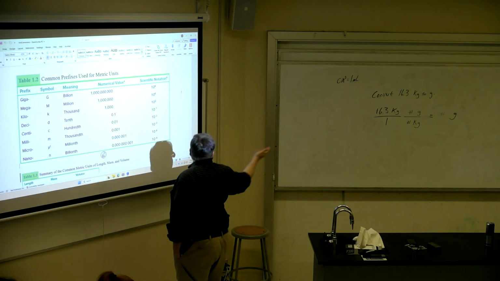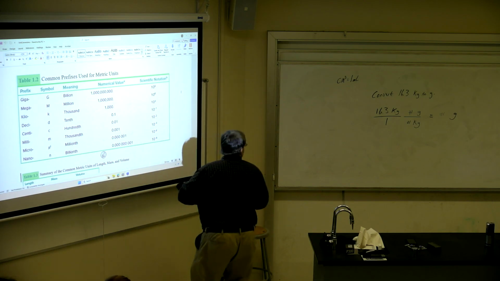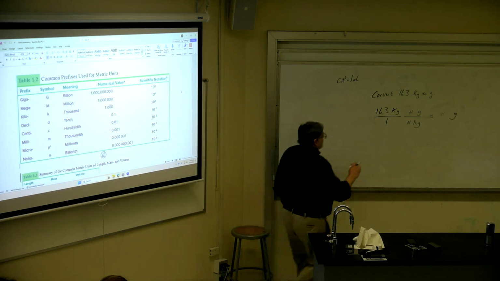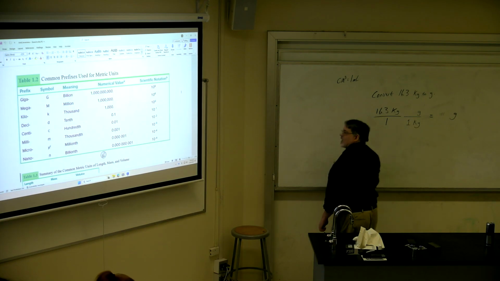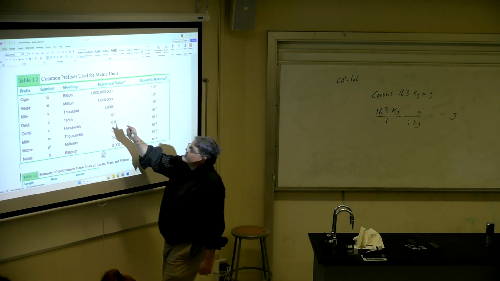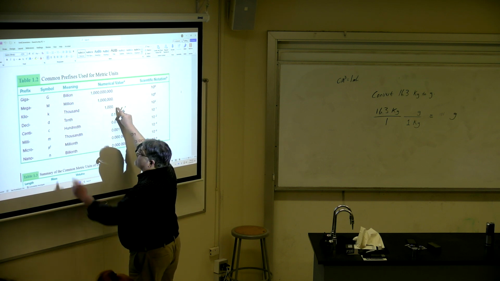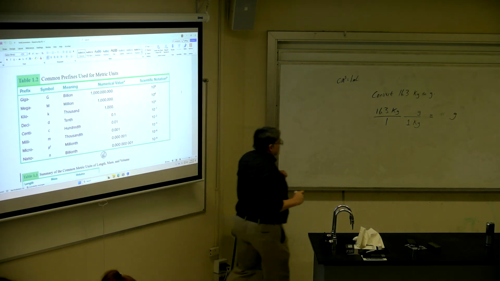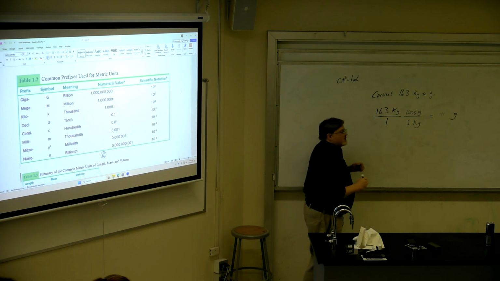So if you need a conversion factor, if you need to go from grams to kilograms, looking at this is saying 1 kilogram is this many grams. So I have a G here. 1,000 grams is 1 kilogram. So if you're going to use that chart, you can calculate it out.